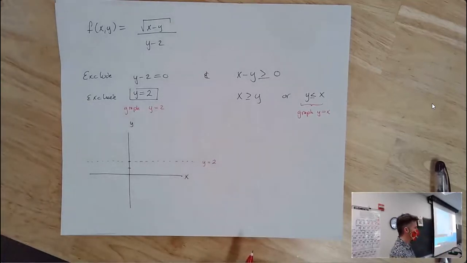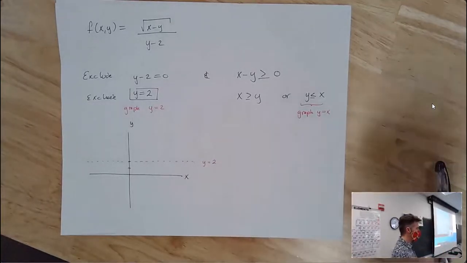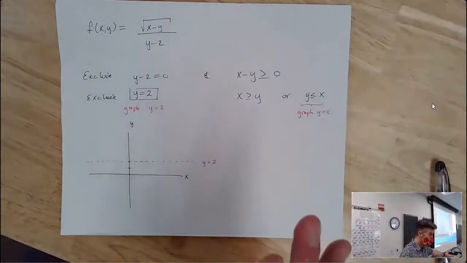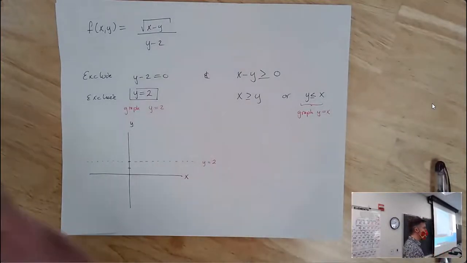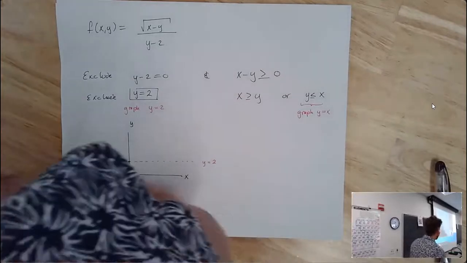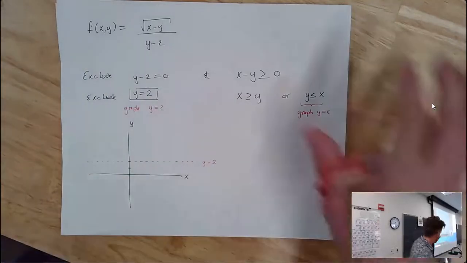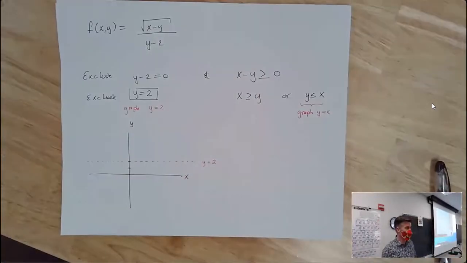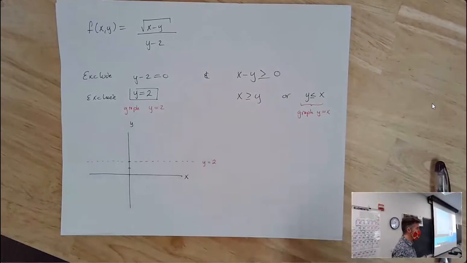Can y equal x? Would that be okay? As long as y wasn't 2, right? y and x could both be 3, that'd be totally fine, because the square root of 0 is something we're totally going to do. So what I'm trying to say here is we should draw the line y equals x solidly, not dashed, because we want to include that boundary.